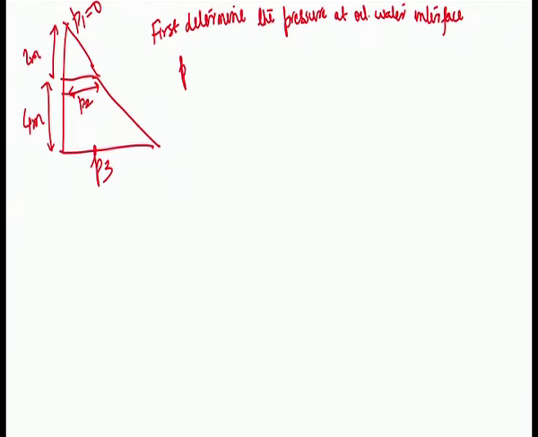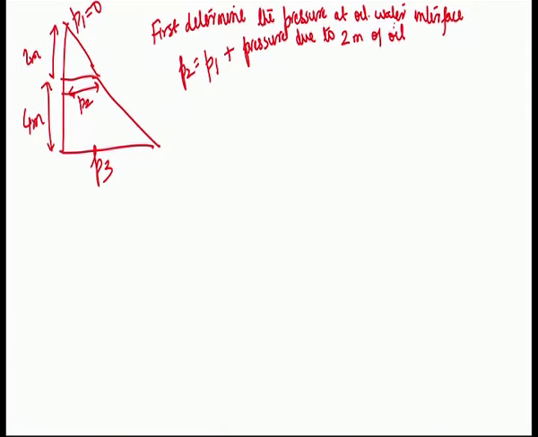So P2 is written as P1 plus pressure due to 2 meters of oil. Very nice. So P1 plus what is the pressure due to 2 meters of oil? Gamma naught into 2, correct?